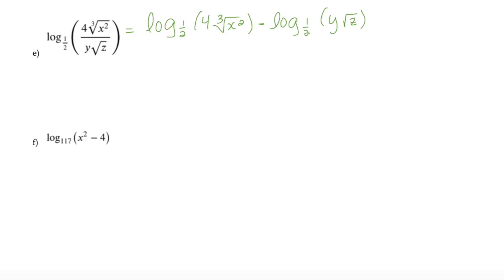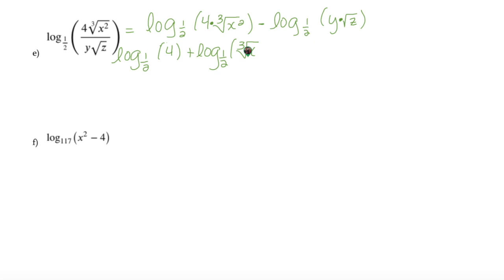At this point, I know that we have two multiplications here. So let's go ahead and separate them. I'll have log base 1/2 of 4 plus log base 1/2 of the cube root of x squared.